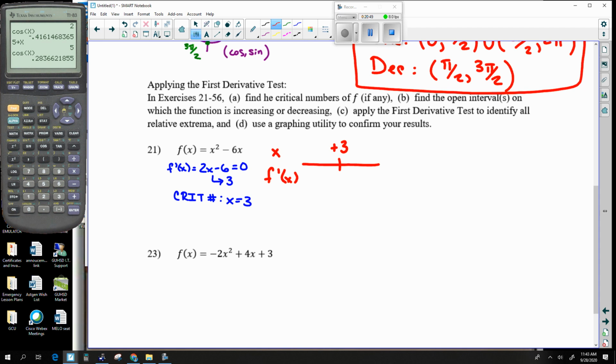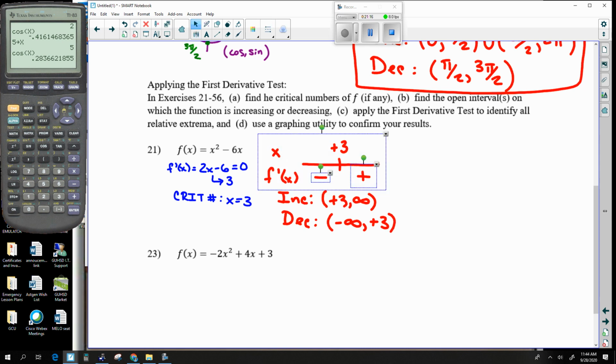Putting that into the derivative, when I throw in a small number, such as 0, I get a negative answer. Throw in a big number, such as 4, I get a positive answer. And so what I see is this thing is increasing from 3 to infinity and decreasing from negative infinity to 3. It's all fine and dandy.